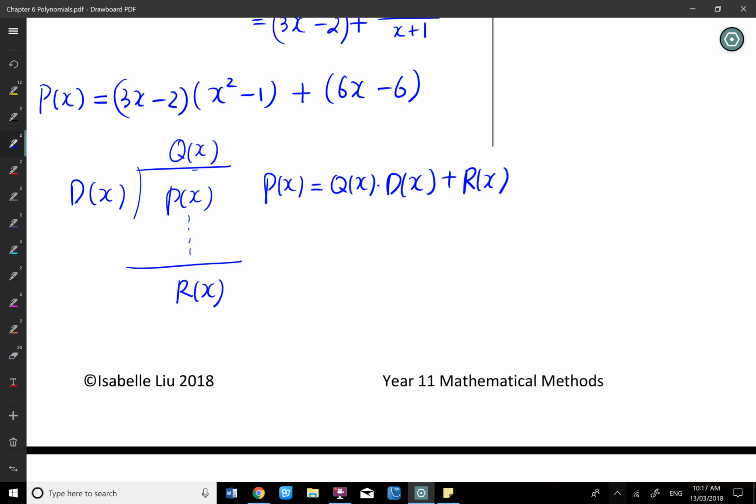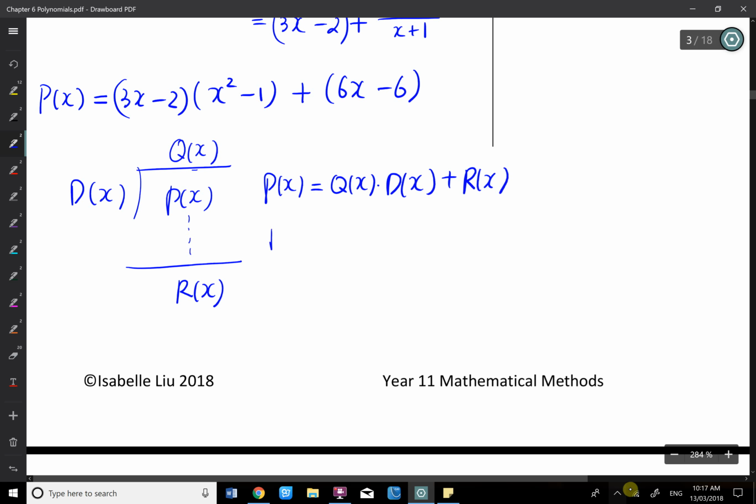And that's the general expression. Or you can say p(x) divided by d(x) is q(x) plus r(x) over d(x). They are the same thing.